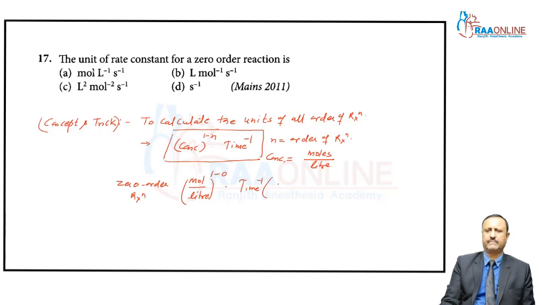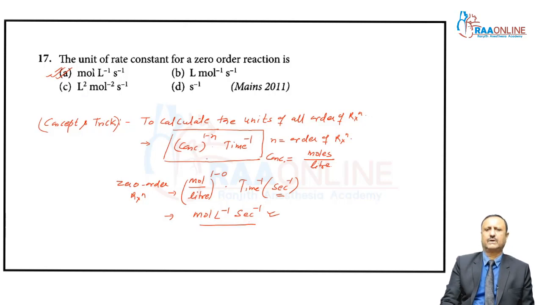Generally, time is taken in seconds. So you can see mole per liter, so this is mole liter inverse and second inverse. This is the unit. We can get the unit by this formula, concentration to the power 1 minus n, time inverse. So you can go to option A, mole liter inverse second inverse.